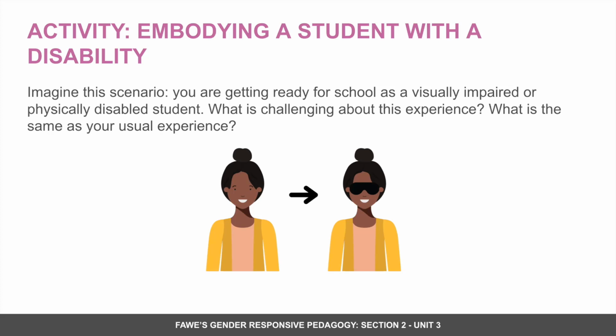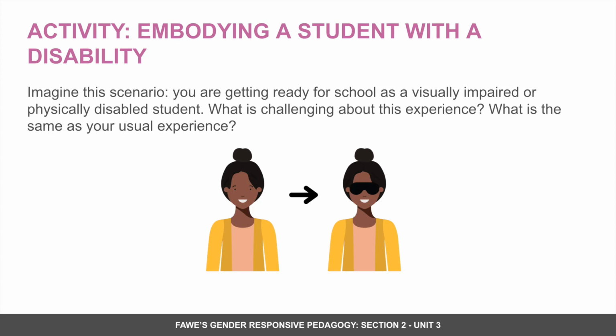Are you ready? I am going to talk you through part of a day, and I want you to imagine what it would be like for you if you were visually impaired or not able to use one of your arms. Now imagine you are a student getting ready for school.